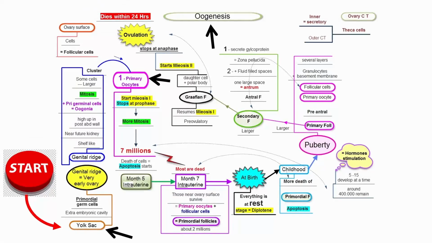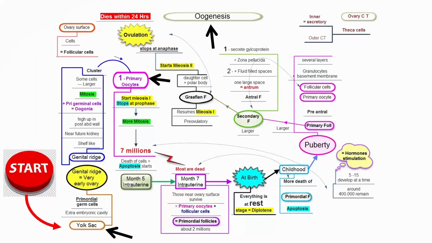These cells, the oogonia, are going to multiply immensely by mitosis, and some cells will get larger. And when these cells get larger, they are surrounded by a group of cells called the follicular cells, which come from the ovary surface.